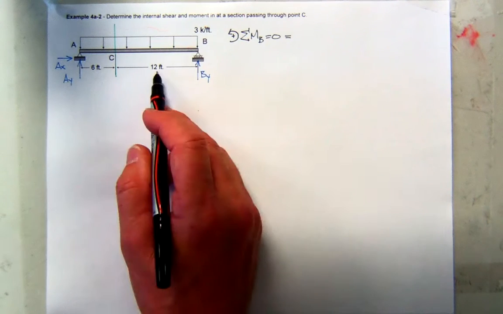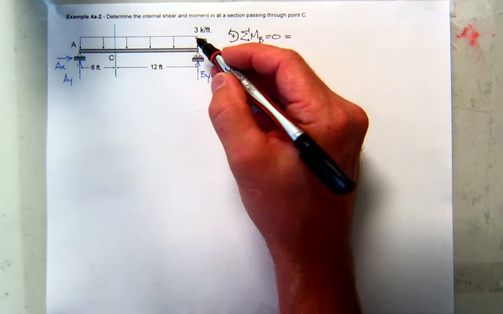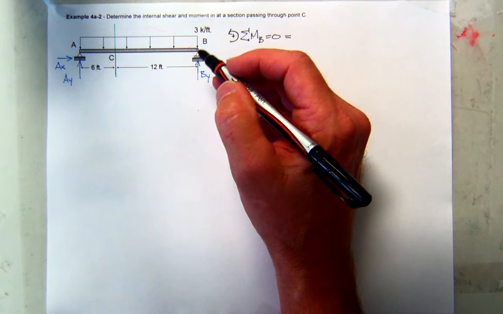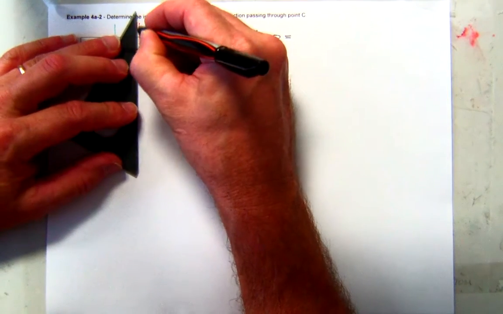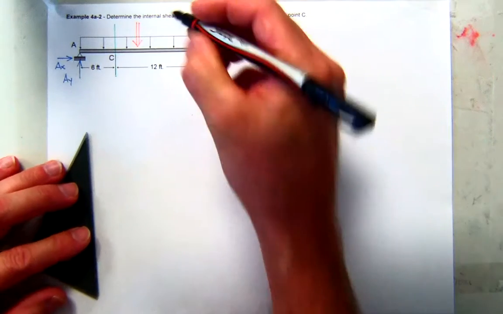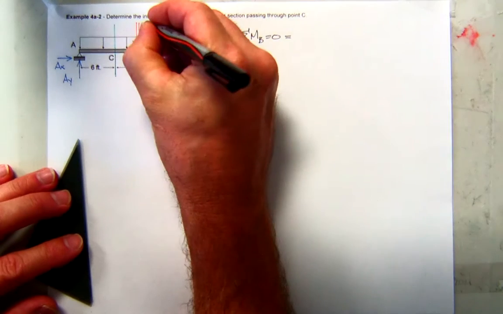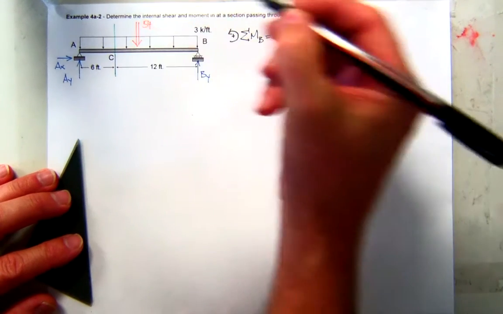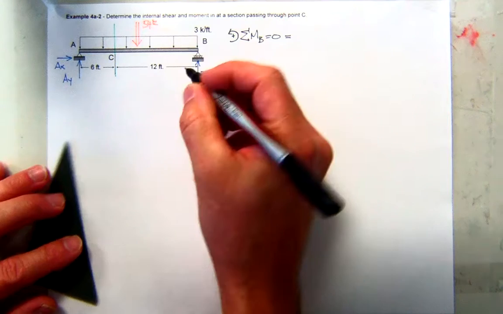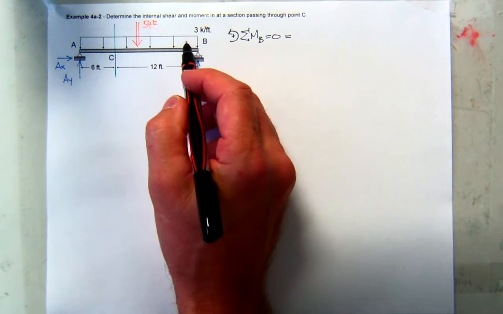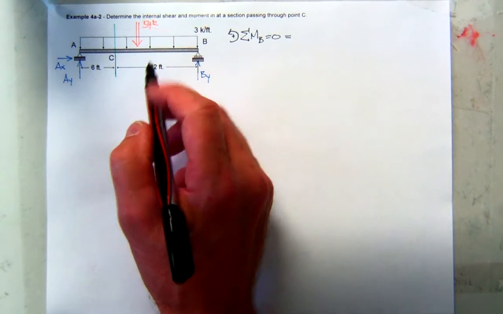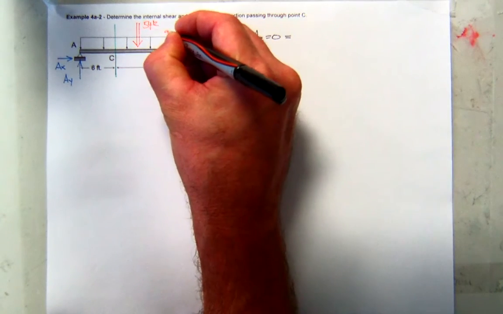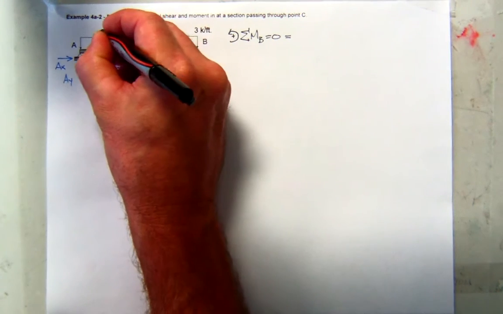The base is 18, the height is 3, so that's 54. I'll show it's an equivalent force by using a double line. That'll be 54 kips, and it acts through the centroid, which for a rectangle is right in the middle. This is 18 feet, so that should be 9 feet from either end.